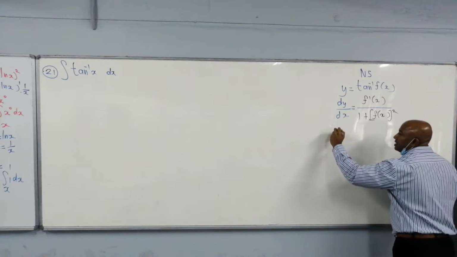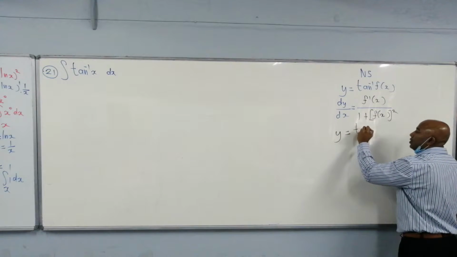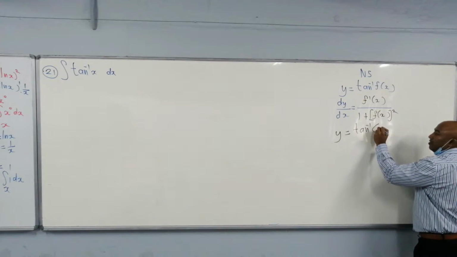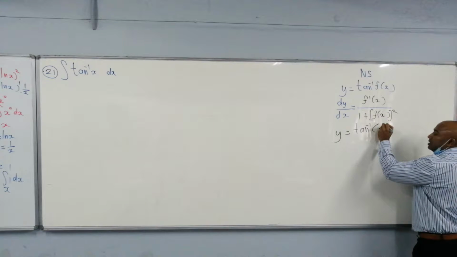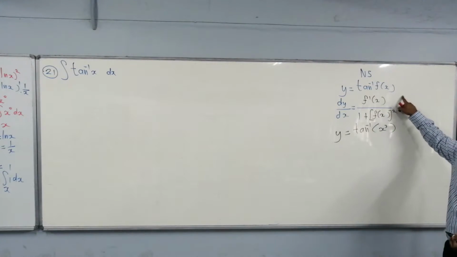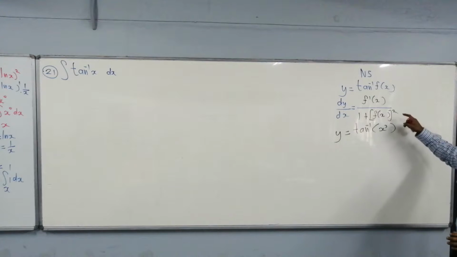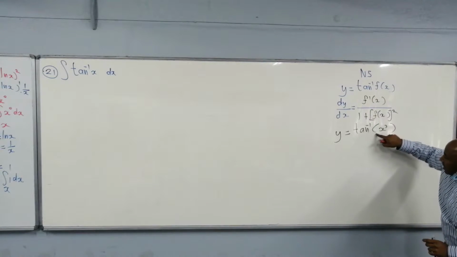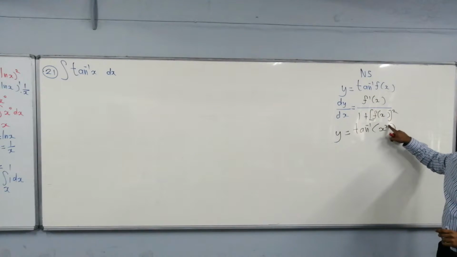So an example was if I had y is equal to inverse tan of x to the power 3. Let's take an example. If you're asked to differentiate this, how do you use the formula? You look for f of x. It is x to the power 3.